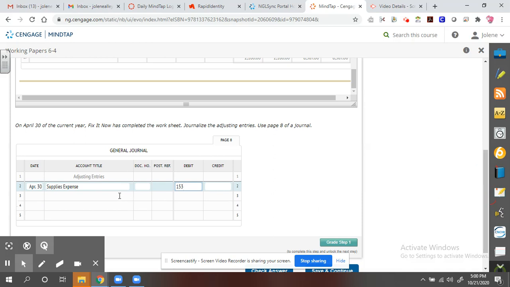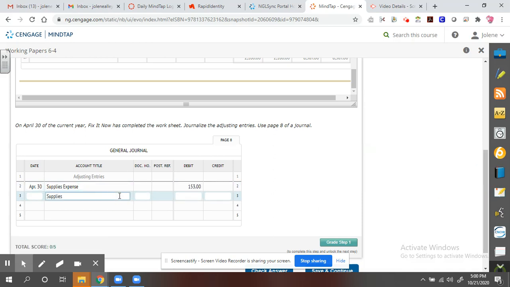Now remember, we had to reduce the supplies. And supplies are assets, and when you reduce assets, they are a credit. Expenses increase on the debit side, so this makes sense. I'm doing the very same thing that we did up here in the worksheet.